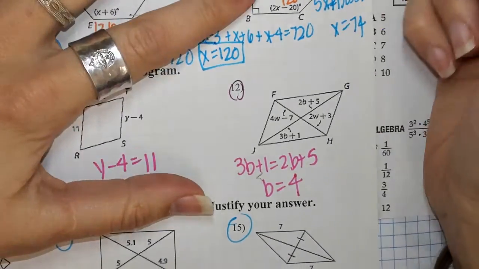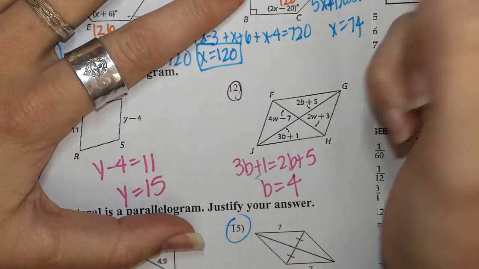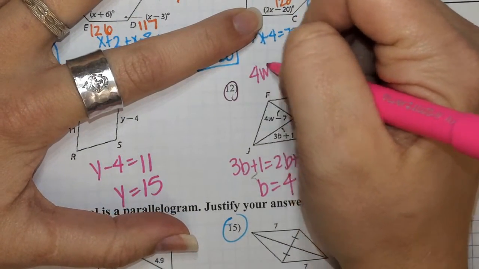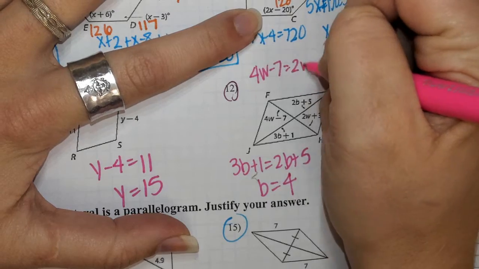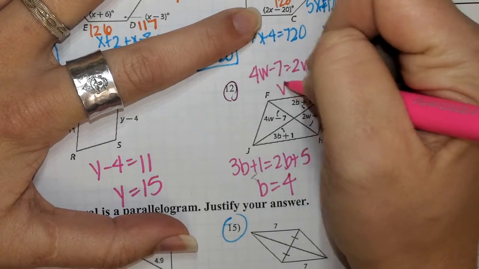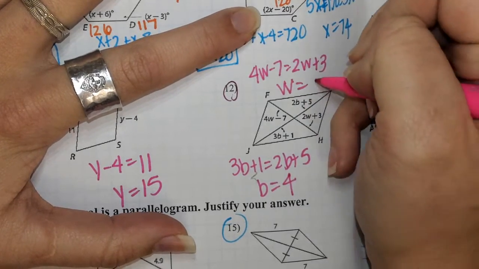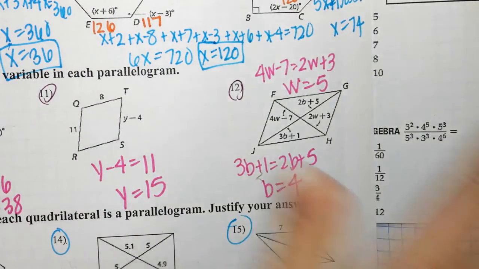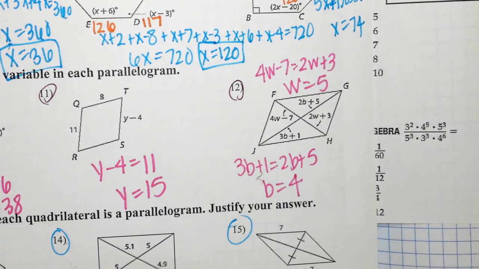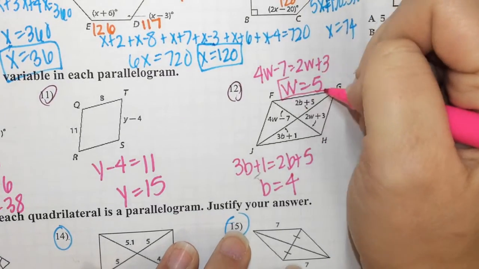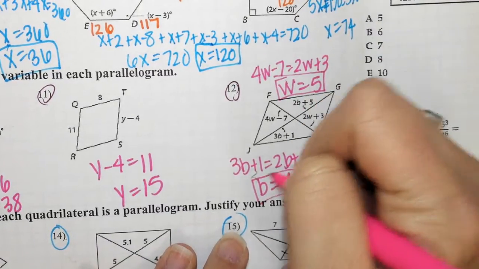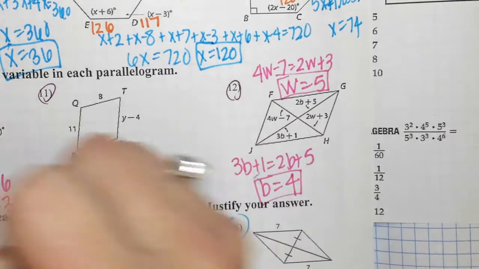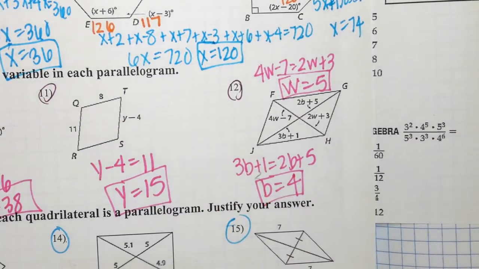All right, and what are we going to do with 4w minus 7? And what does w end up equaling? 5. Now, should I circle my answer since there's a whole lot of stuff going on this paper? I should. Should you also circle your answer so I can find it? Especially if you write sloppily or tiny.